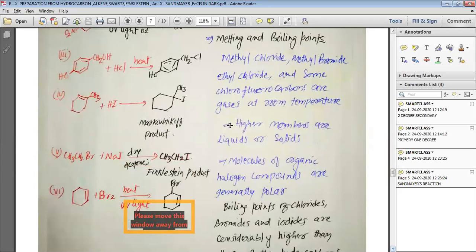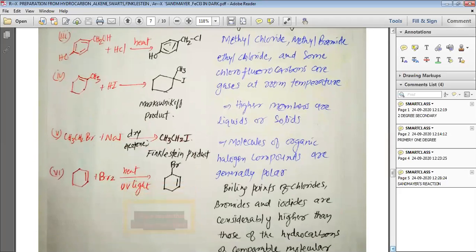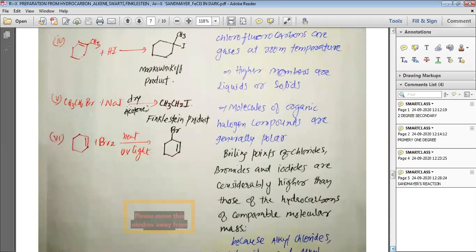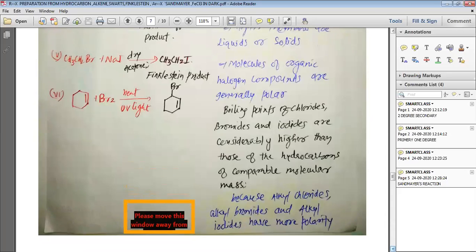The methylcyclohexene will give us the iodomethylcyclohexane, which is the Markovnikov product. The CH3CH2Br with the Finkelstein reaction will give us the CH3CH2I, and in the presence of ultraviolet light, a free radical mechanism will give us the 3-bromocyclohexene.